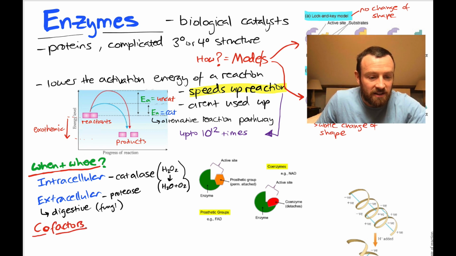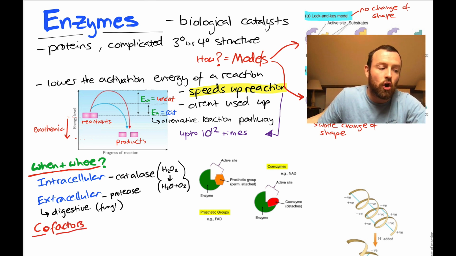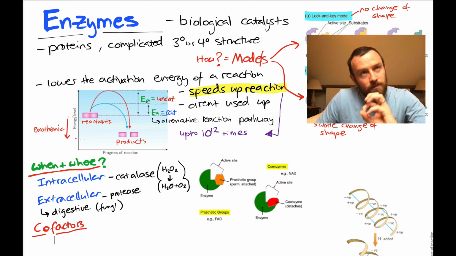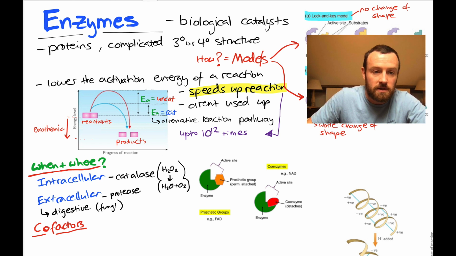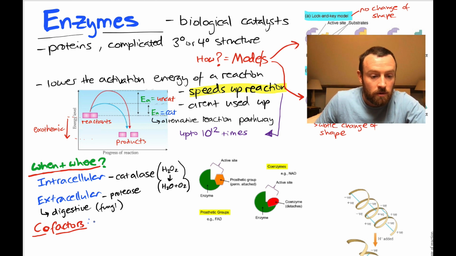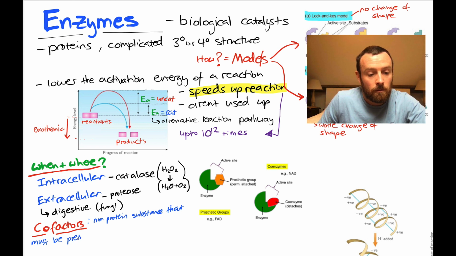A cofactor is basically any non-protein substance that has to be present for an enzyme to work. Okay, so let's make a note of that. Non-protein substance that must be present for the enzyme to work.